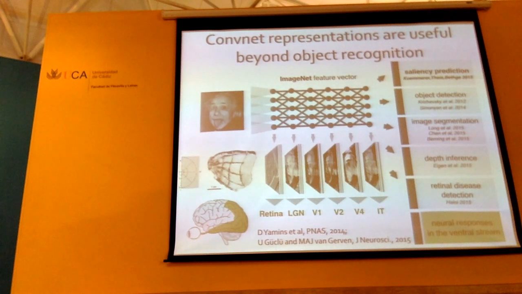And one model is that there's a feed-forward sweep where the inference mostly is done in a feed-forward fashion, and then you can speculate about the role of feedback. So no one knows.